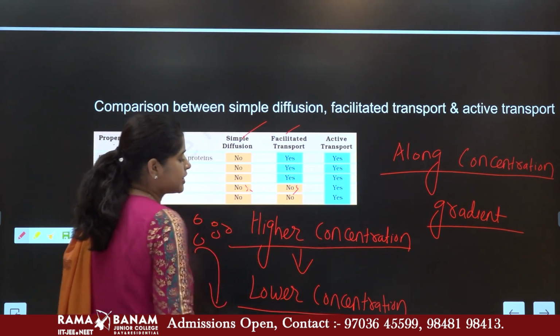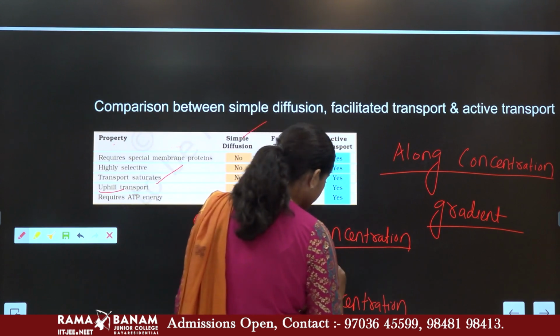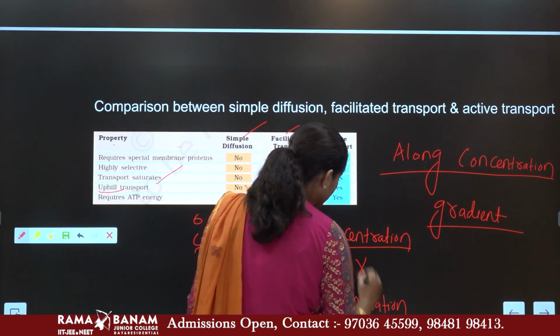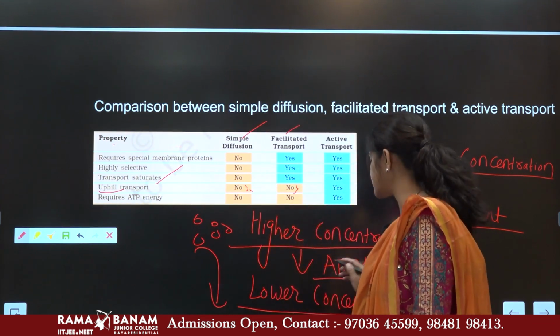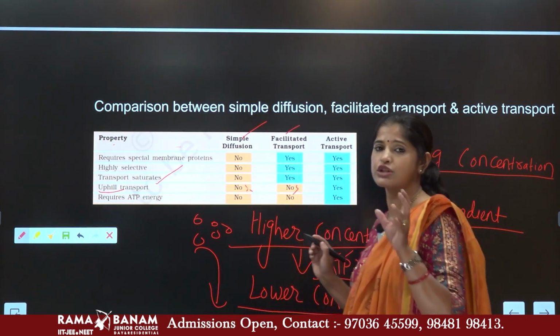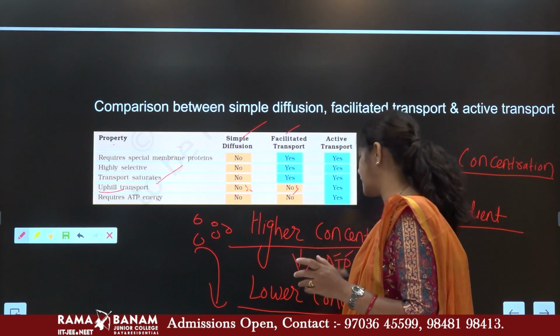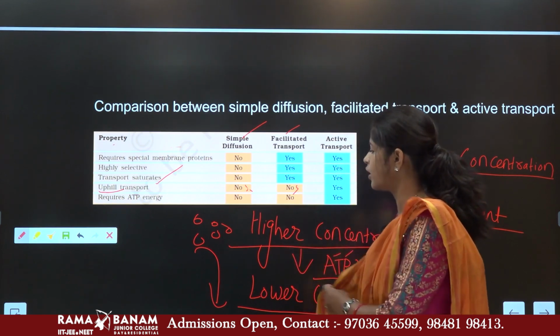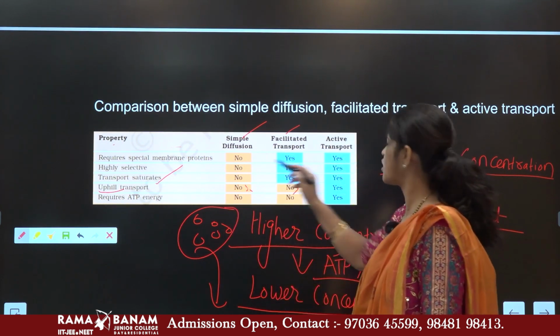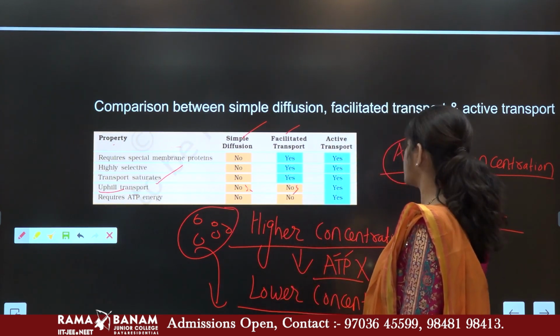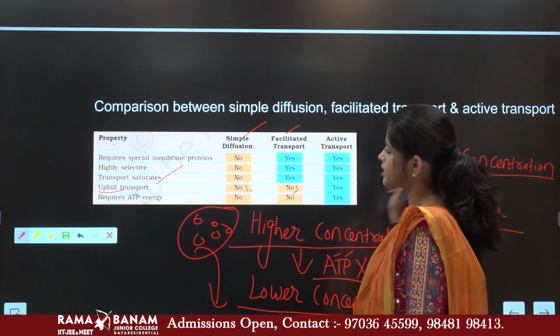So, for this, is ATP required or not? ATP is not required. What is ATP, students? ATP is adenosine triphosphate. 3 phosphate groups are attached to this adenine molecule. Okay. So, when molecules are moving from higher to lower, then it is along the concentration gradient.